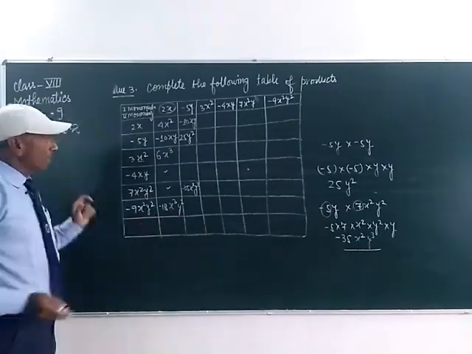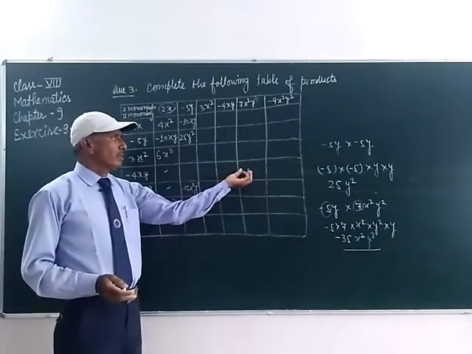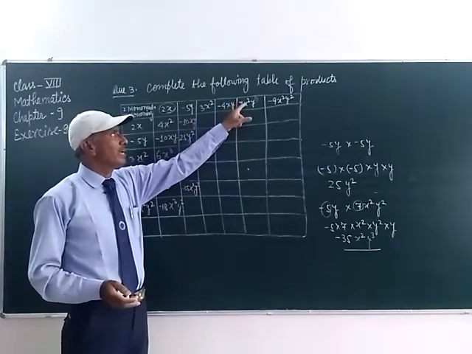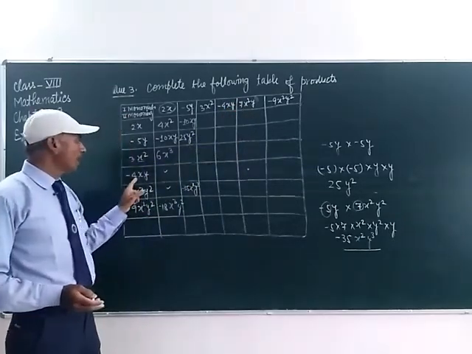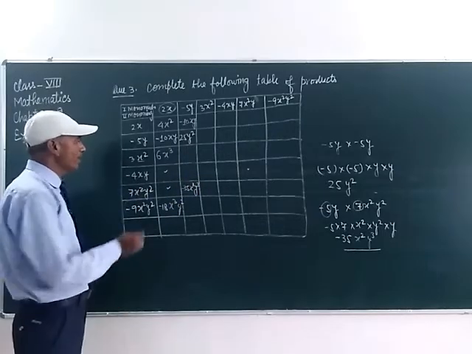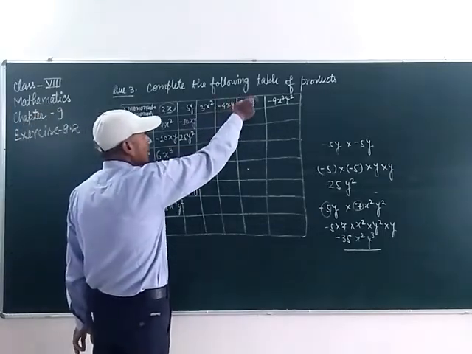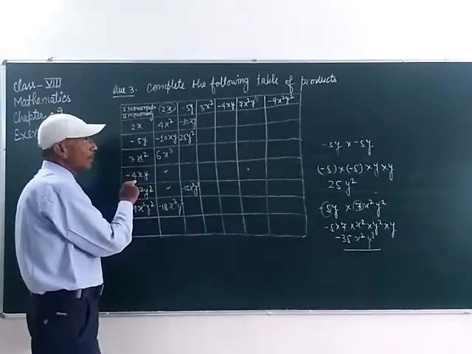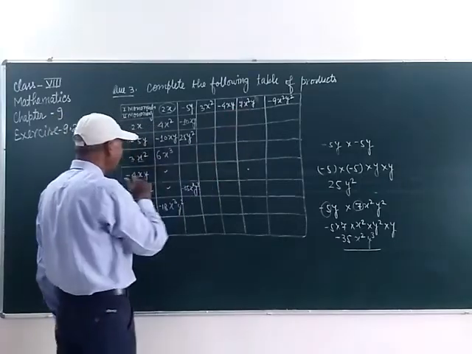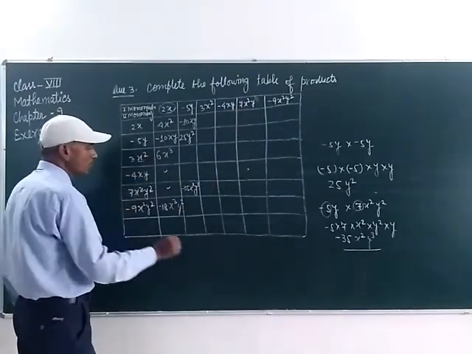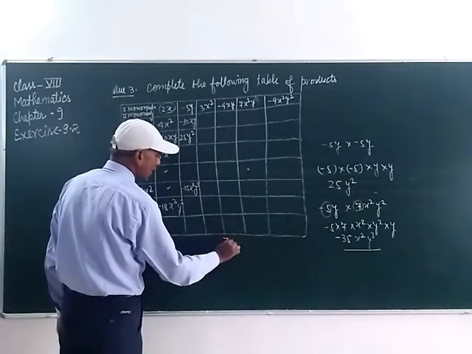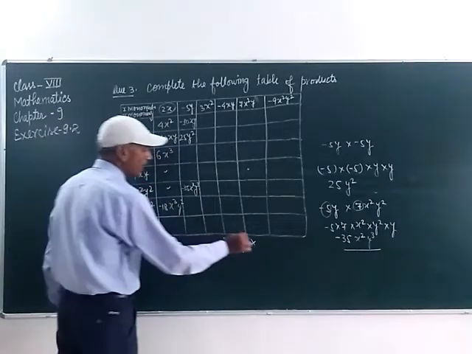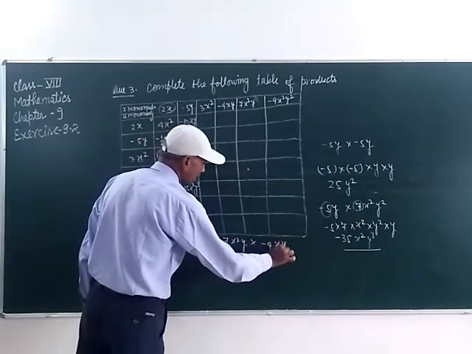If we are going to find the numbers in this blank, student, we have to multiply this 7x square y with minus 4xy. Clear, friend? This column is here and this row. So we have to multiply this column with this row. So this one 7x square y multiplied by minus 4xy.